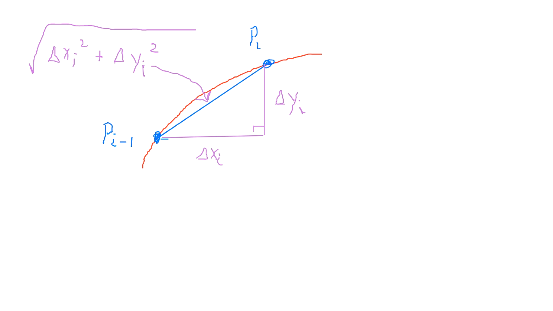And that's what they're calling, incidentally. They're representing that by using absolute value signs. It is the length of the line segment connecting p sub i minus 1 to the next point p sub i. And they're denoting the length this way.